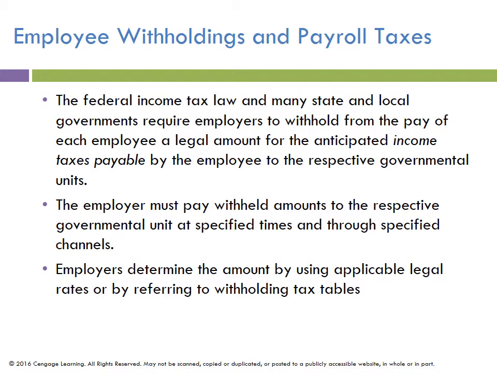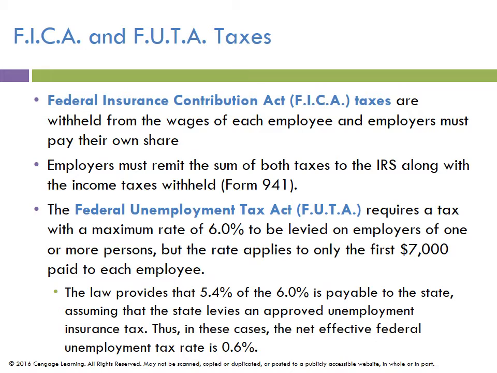And that's what the second bullet is saying. Employers determine the amount by using applicable legal rates and by information provided to them by the employee. Another type of tax is the FICA, Federal Insurance Contribution Act.